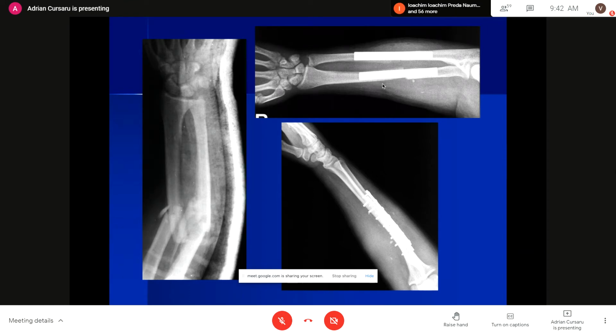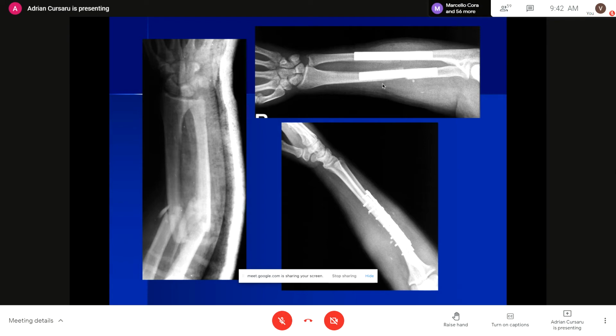It is very important to reestablish the alignment of the bone and to lock all of the movements. For that kind of fracture, we have to use two approaches, one for the ulna and another for the radius, and to lock with plate and screws.